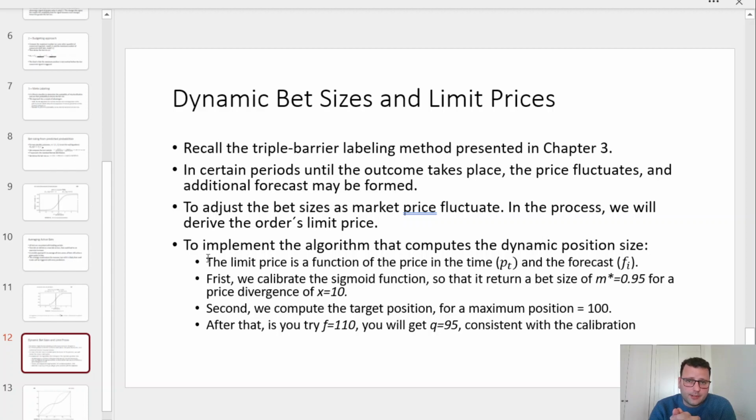In certain periods, until the outcome takes place, the price has some fluctuations. And once you have some positions, another forecast may be formed. So we should adjust our bet sizes as the market price fluctuates. So imagine you have some forecast at time t0, and at time t0 I have one bet, one signal.